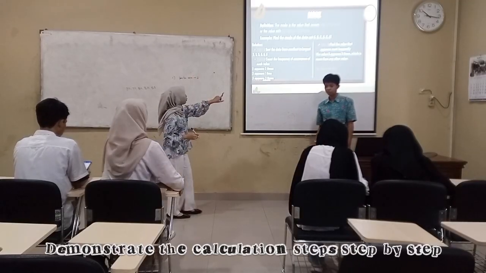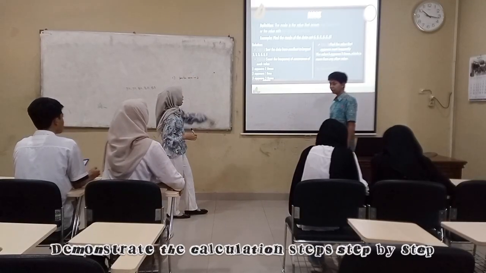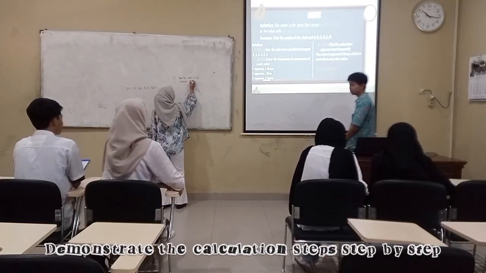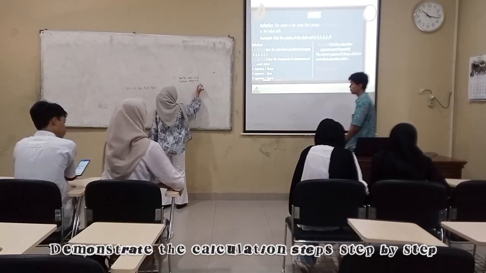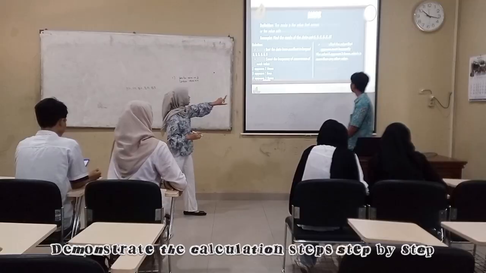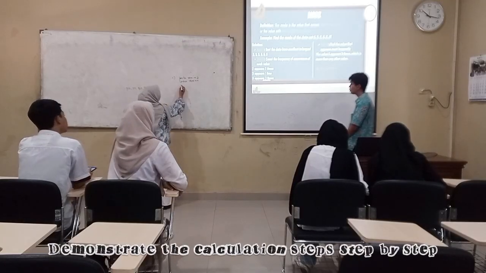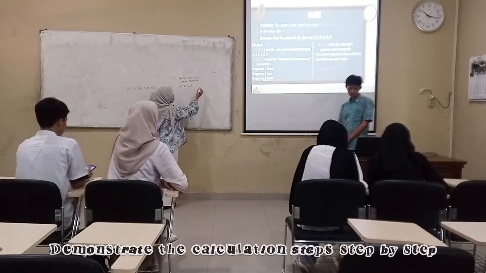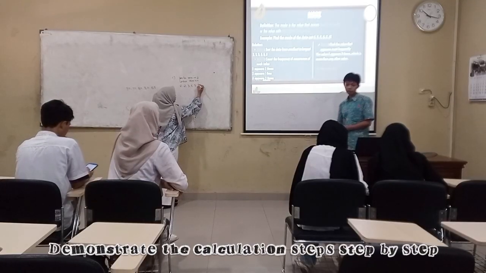And the largest value is 5. So, sort the data from smallest to largest. Start from 2, 2, 3, 5, 5, and 5.